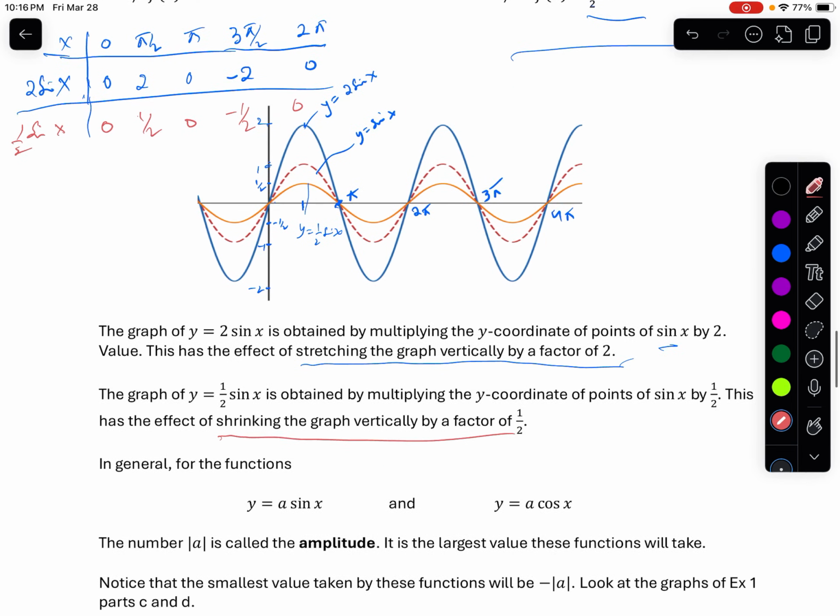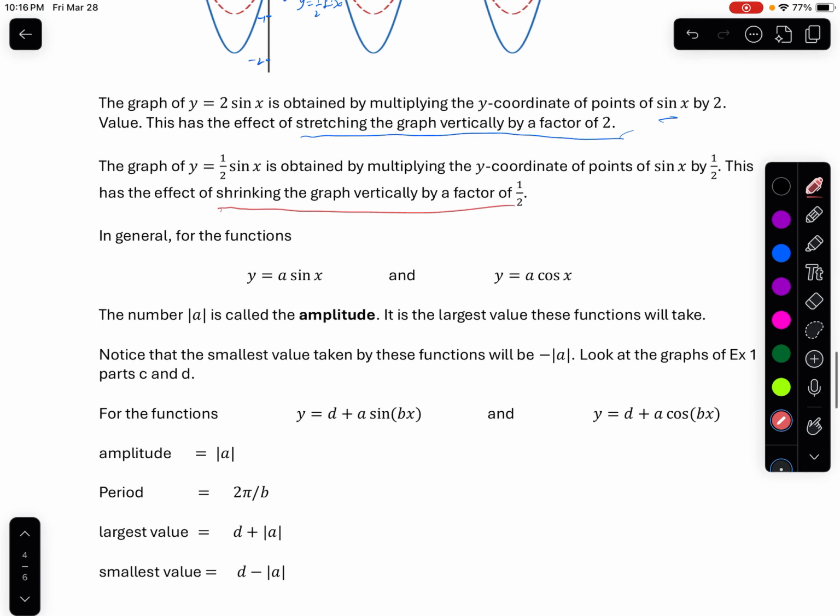So in general, you will notice that when we have a number in front of the sine function or the cosine function, the absolute value of that number, because this number could be negative or positive, so we take the absolute value, which is always going to give us a positive number. The absolute value of a is called the amplitude of the function, and this is what it does. It either stretches or shrinks the graph.